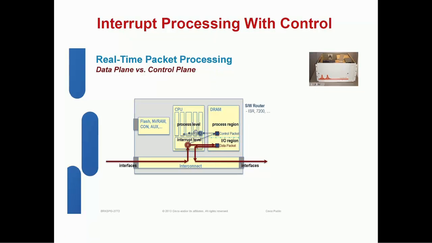Then the next level, because they wanted an increase in performance. Whenever a packet came to the system, they used to generate an interrupt. And if you remember, in Linux, an interrupt has a top half and a bottom half.